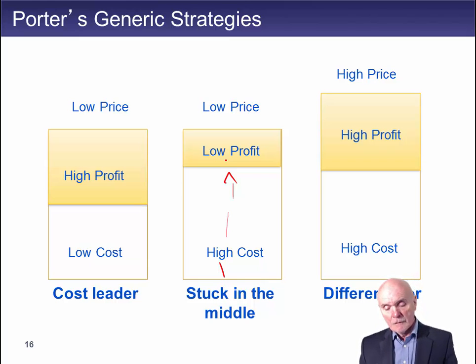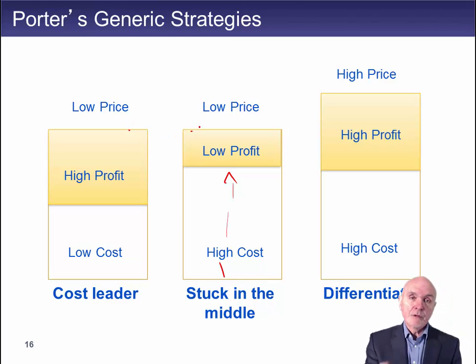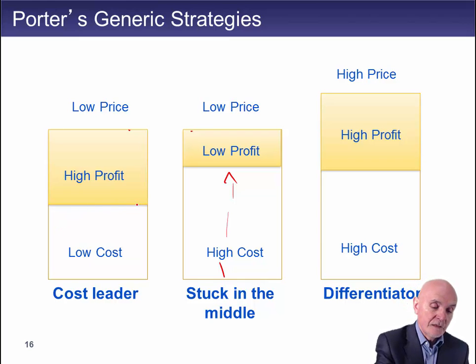So he says there's no long-term life as this person stuck in the middle, trapped between low prices and high costs. He said what you have to do is to either become a cost leader or a differentiator. So if we move to the cost leader one here, they are still making ordinary products being sold into the same competitive market, but what they've managed to do is to have reduced their costs.